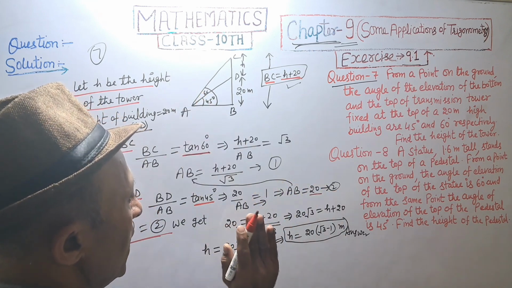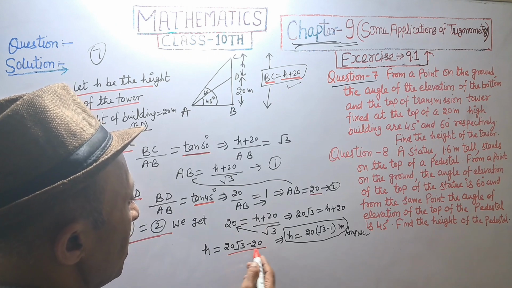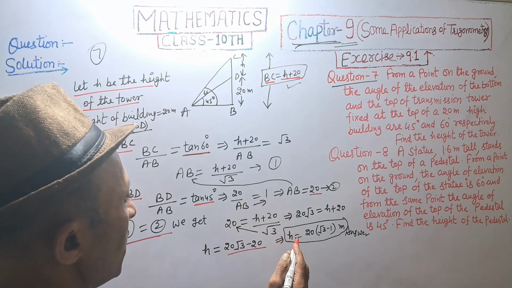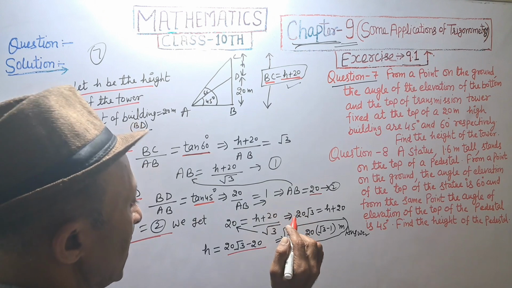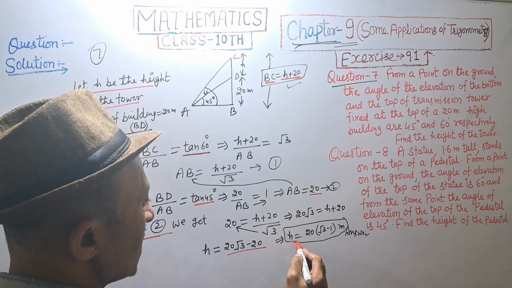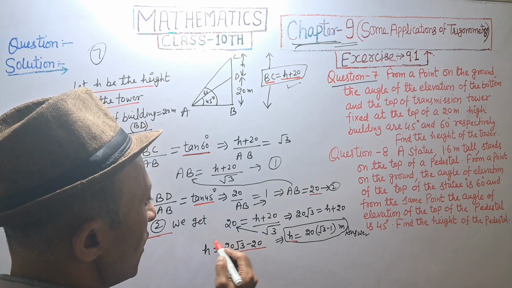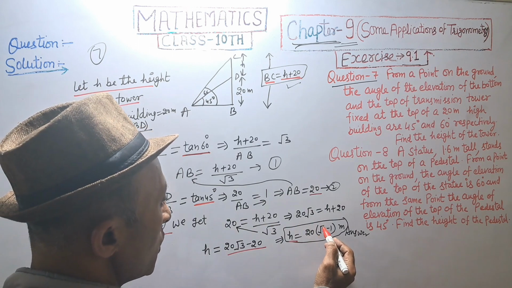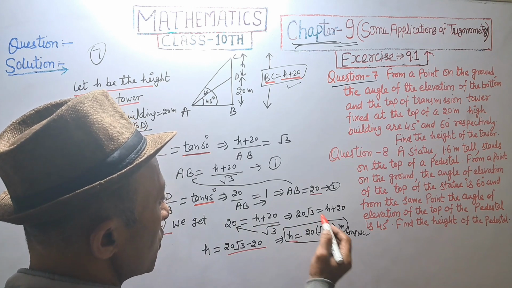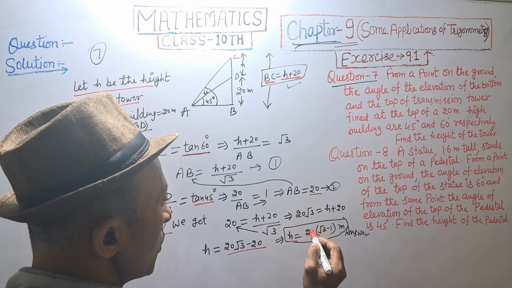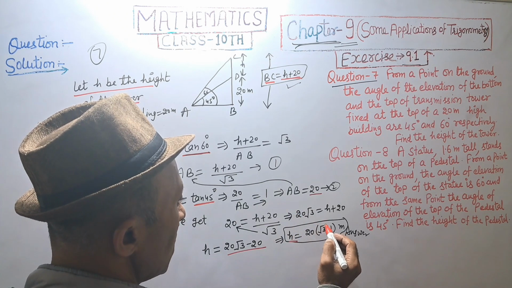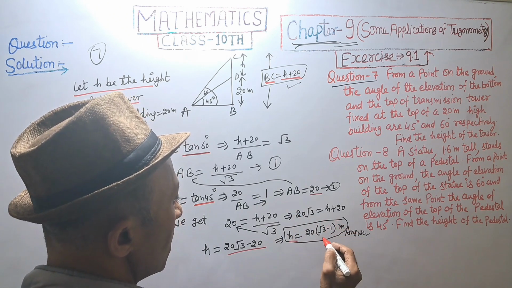Shifting 20 to the left side, that will be negative 20, and taking 20 common, we get h, the height of the tower, equal to 20 times root 3 minus 1 meters.